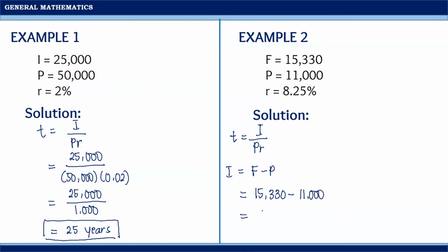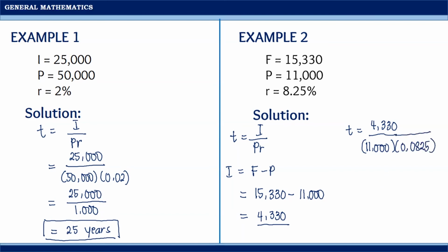Therefore, the interest is equal to 4,330. We can now use the value of I, which is 4,330 in solving for the value of t. So therefore, t is equal to 4,330 divided by 11,000 times 0.0825.